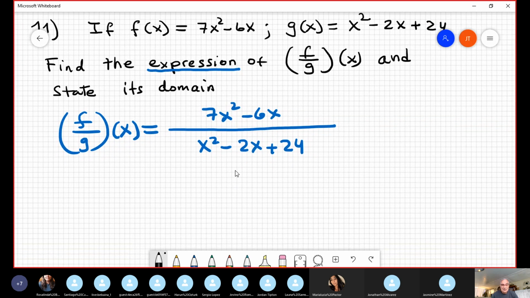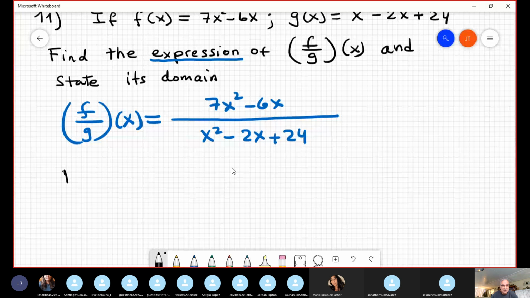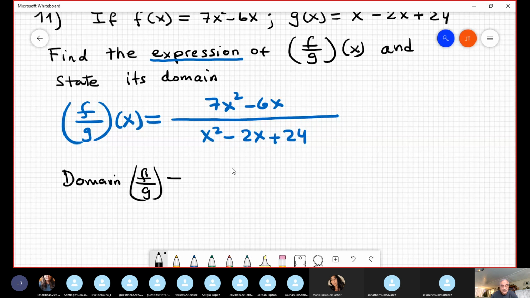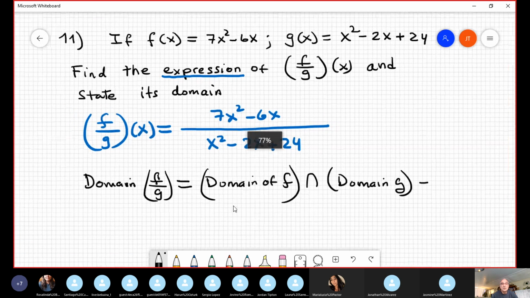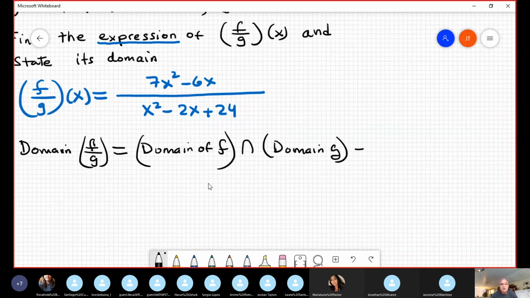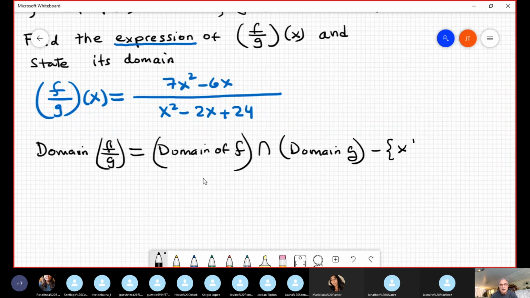You need to understand that when there is division, the rule is: the domain of f divided by g is equal to the domain of f intersection the domain of g, minus the values that make the denominator undefined, that is, minus the x such that g of x is equal to 0.